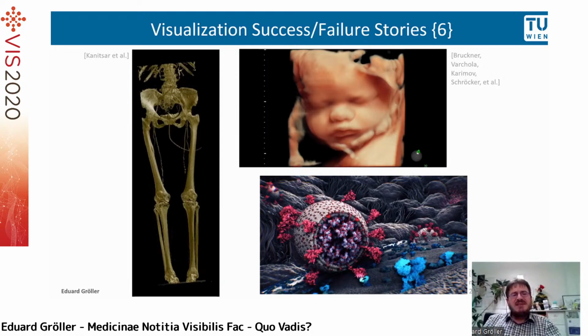Below here we see a SARS-CoV virus image from our spin-off, and here if you look at the dissemination strategy in this area, there has been a tremendous success of visualization in this area.